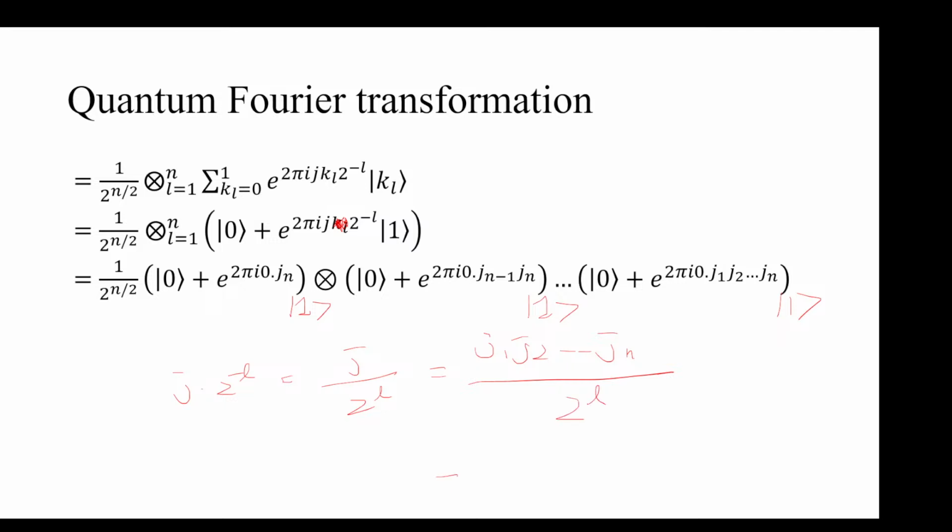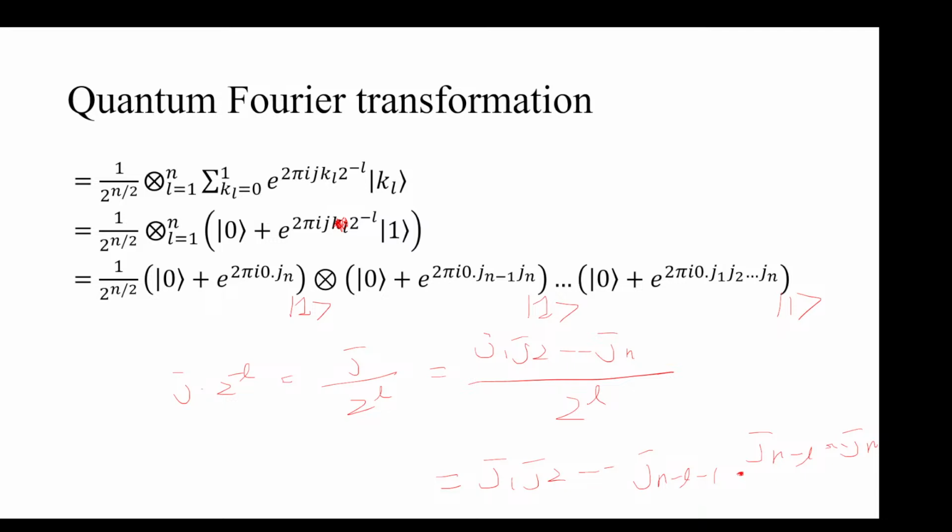So we can do a bit of a binary calculation, and that should be j1, j2, to j(n minus l), j(n minus l plus 1), and then we have the period dot here, and then j(n minus l plus 1) all the way to jn.